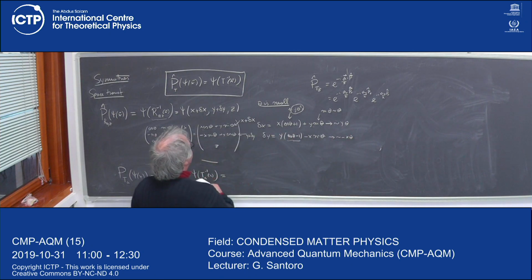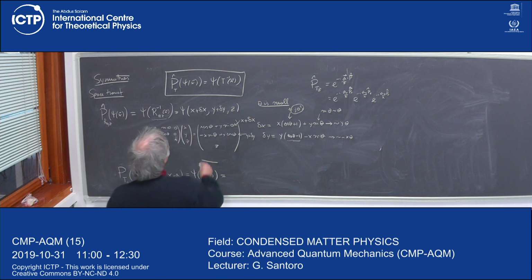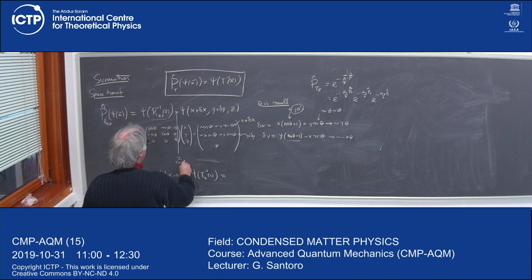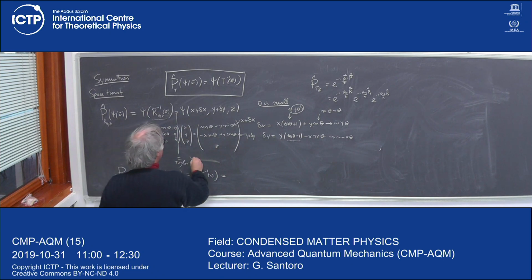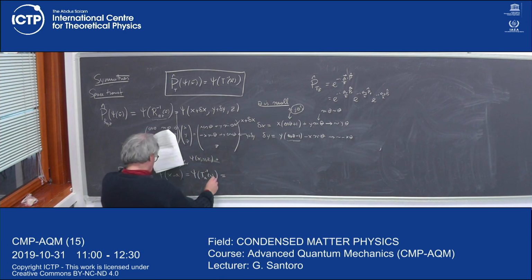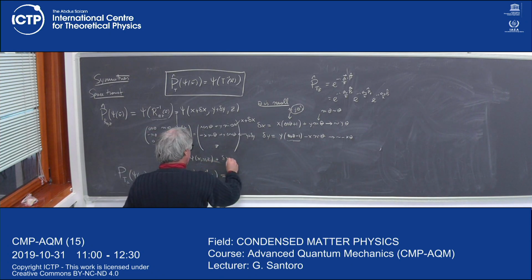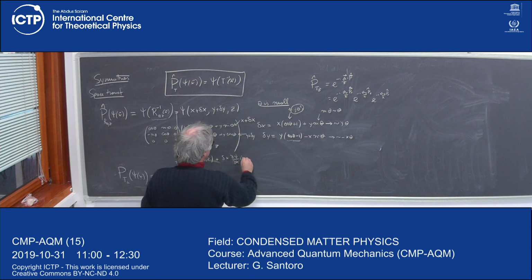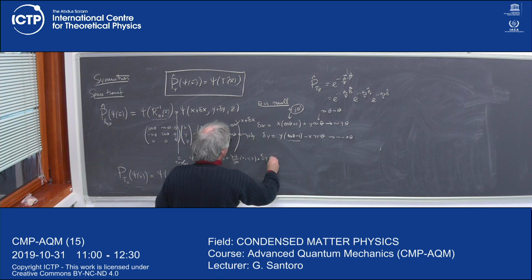Okay? Now I do Taylor. So I Taylor expand this. Good. So I have psi of x, y, and z plus what Taylor tells me: delta x times the derivative of psi with respect to x, calculated at x, y, and z, plus delta y times the derivative of psi with respect to y, calculated at the initial point, sorry.